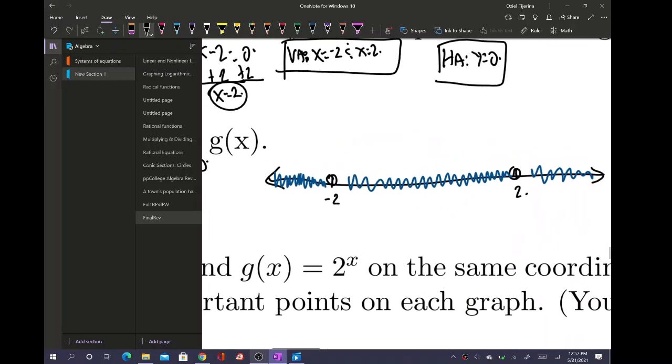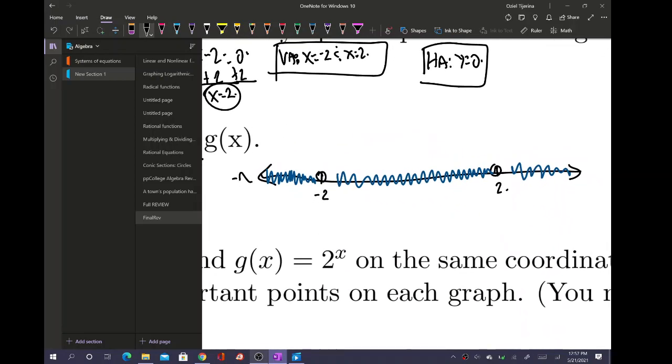And then you're going to say, well, this is negative infinity, this is infinity, so it goes from negative infinity to negative 2, not including negative 2, right? And then union negative 2 to 2, and then union 2 to infinity, right?